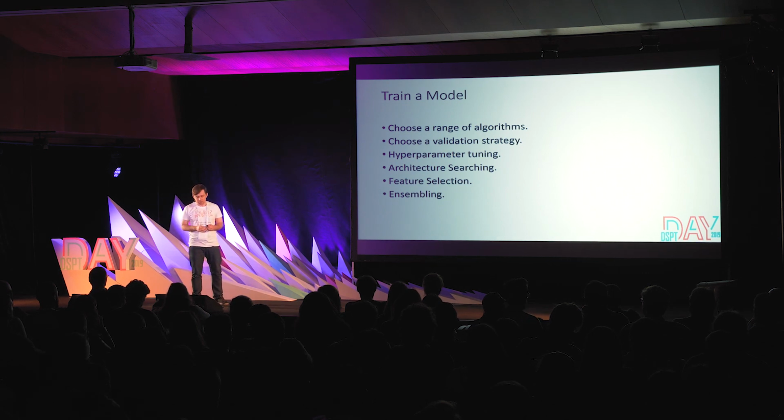So these are all steps of autoML, and this is very important. Hyperparameter tuning, architecture search, especially for neural networks, feature selection, and finally ensemble, right?